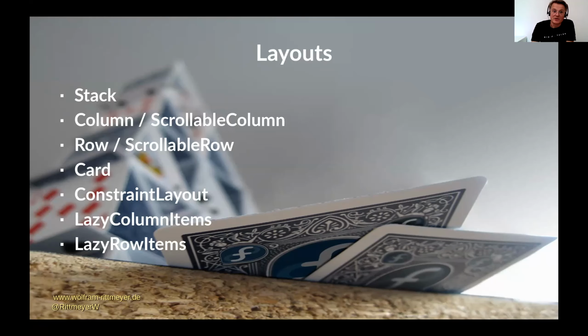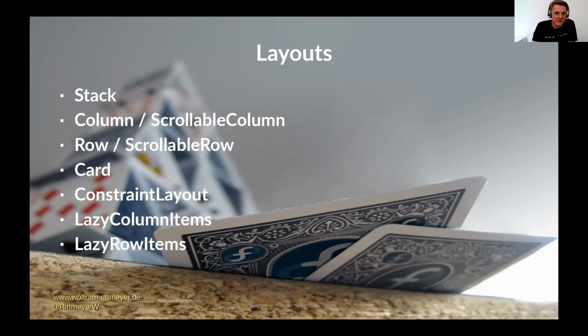I think it's very good that it's there, and there are certainly many situations where it still makes sense, but my overall expectation is that the use of constraint layout will be reduced in the future, since nesting of, for example, columns and rows and whatnot is not such a problem as it was with the old layouts.